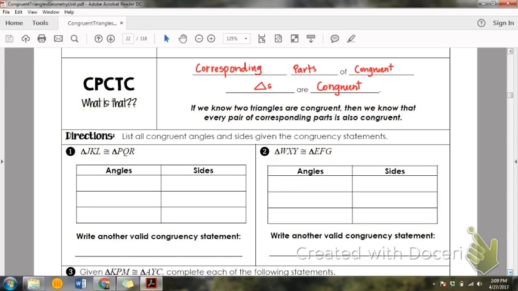So we don't even have a picture here. We're just going to look at our statements. We see that J and P are the first two letters.